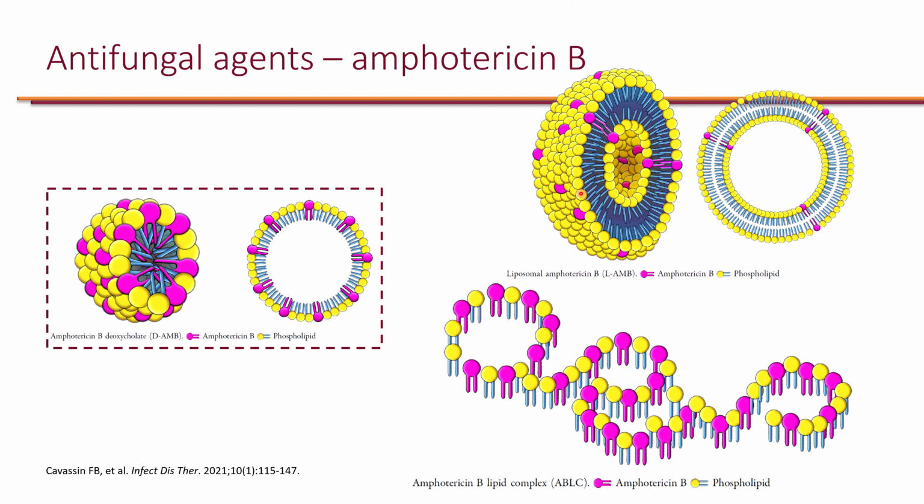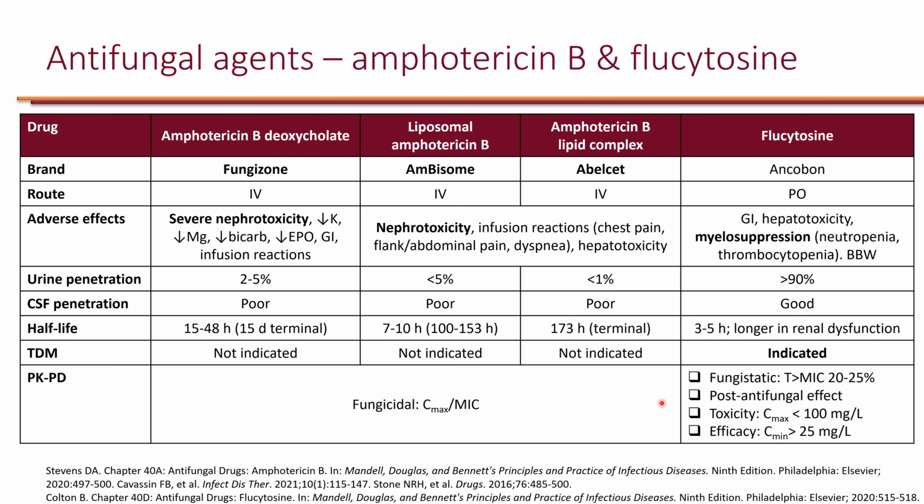So essentially these have been turned into lipid formulations in various forms. We have liposomal amphotericin B, which is a much larger molecule, less than 100 nanometers. And then we have amphotericin B lipid complex, which is kind of like a chain, and it can be very large, somewhere between 1600 to 11,000 nanometers in size.